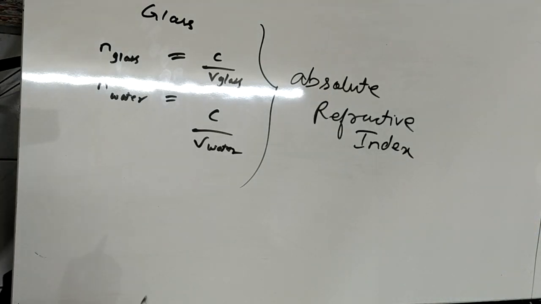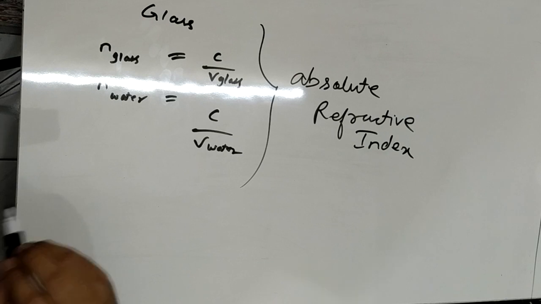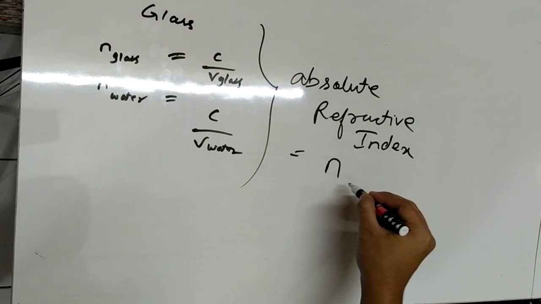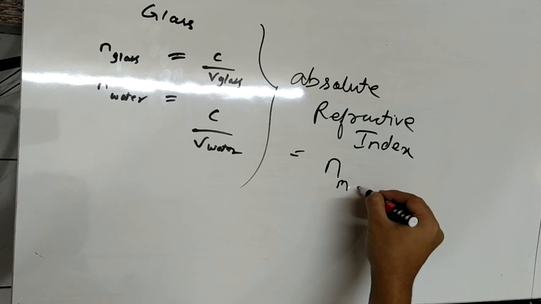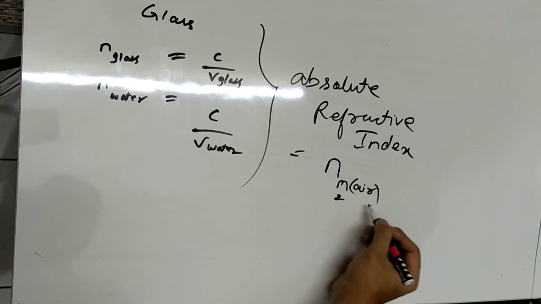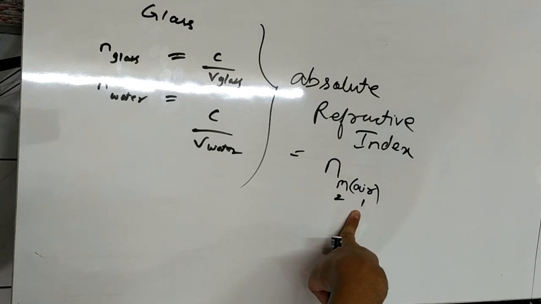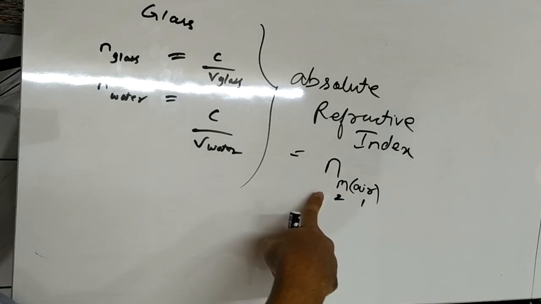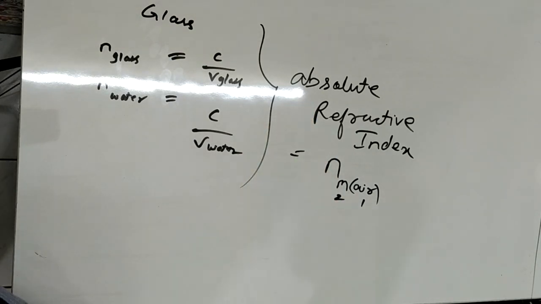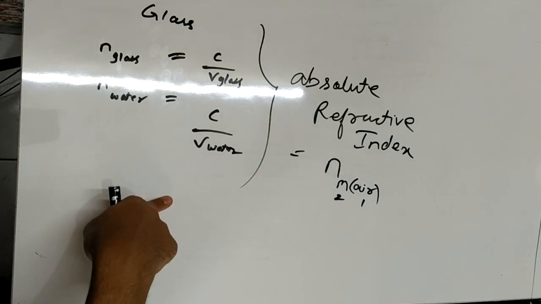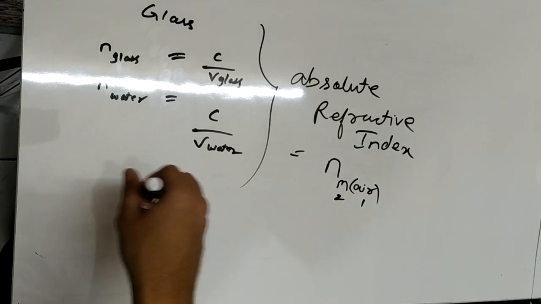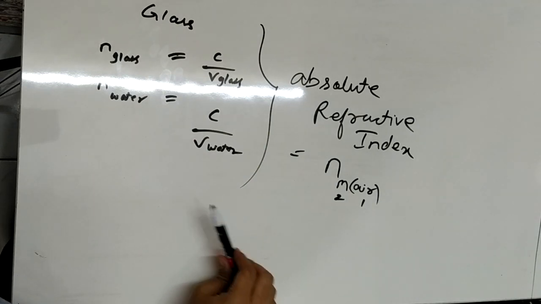It is the refractive index of any medium with respect to air or vacuum, n21 where medium 1 is air and medium 2 is any medium. So in a question, if we don't specify with respect to what, it is assumed to be with respect to air. Note this down also.